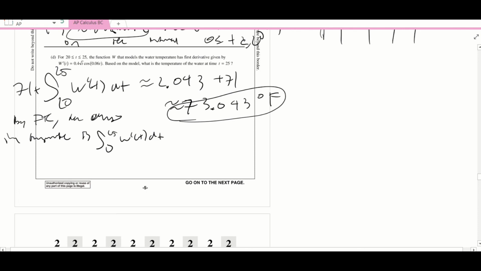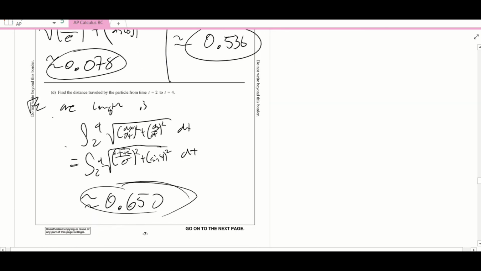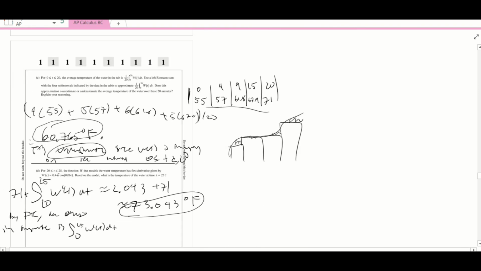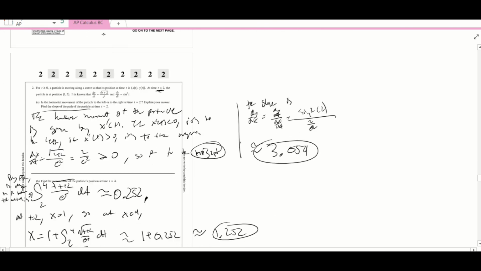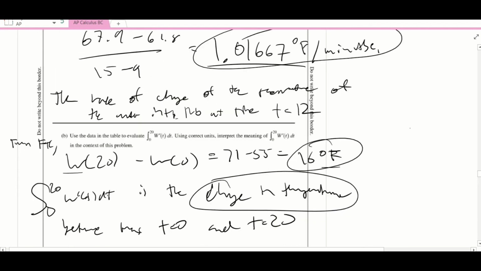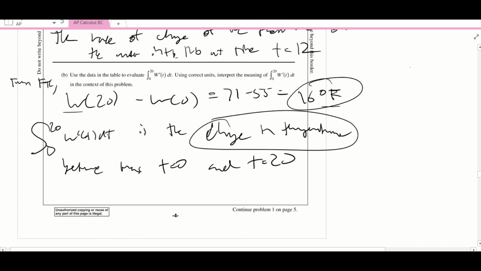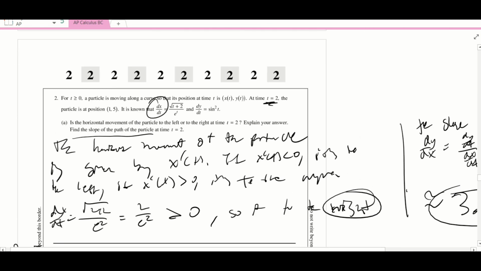As a recap, as I did these problems, first of all, they like to throw a curveball at you, right? They might not always give you, like in the second part here, the position function right up.